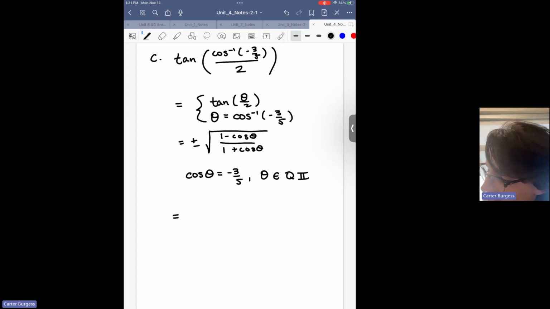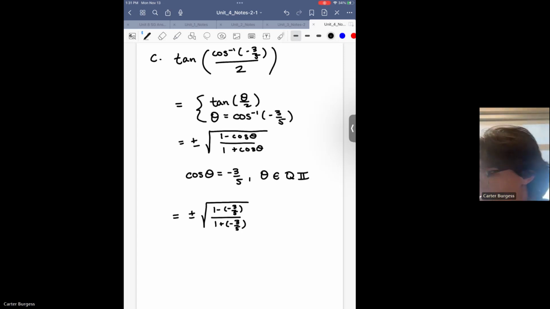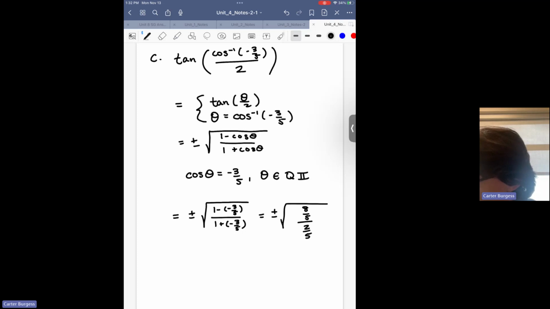This should be the same as plus or minus the square root of (1 minus -3/5) over (1 plus -3/5). Rewriting 1 as 5/5, this becomes 8/5 over 2/5, which we can simplify: 5's cancel, 8/2 is 4, square root of 4.